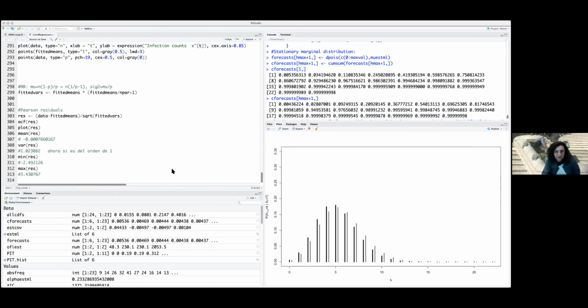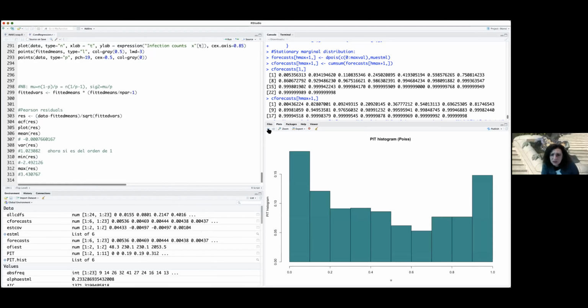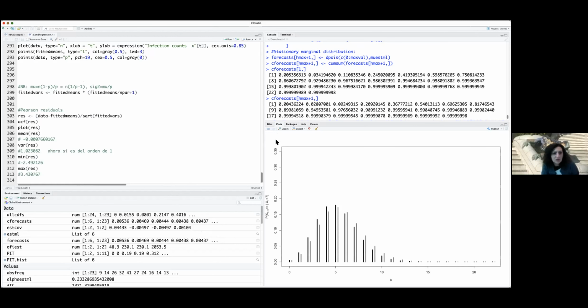Perhaps it's reasonable, because it's hard to forecast large values, but I'm not sure. This was the negative binomial example.